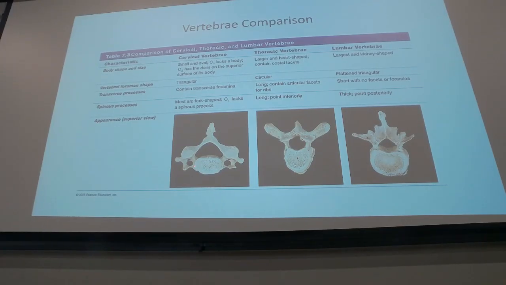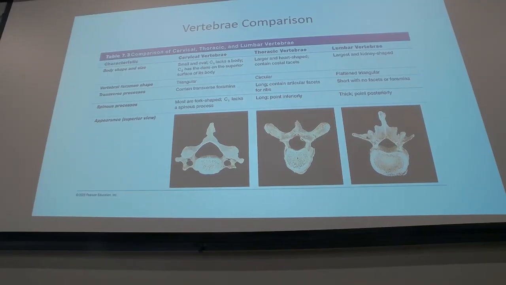You can see it in here. This is a small body from the cervical vertebrae, the top view. This is the thoracic vertebrae, so it has a medium-sized body. And this is the lumbar vertebrae, so it has a more massive body.